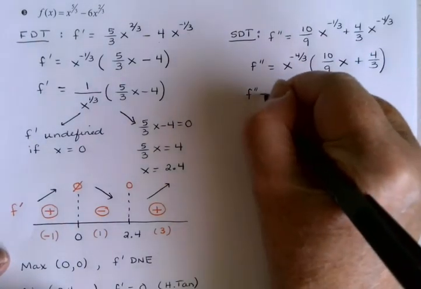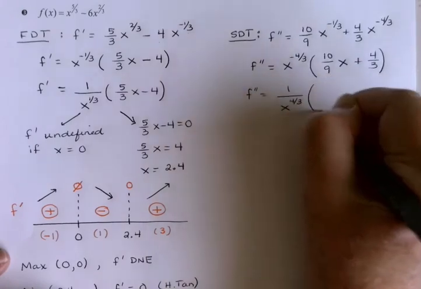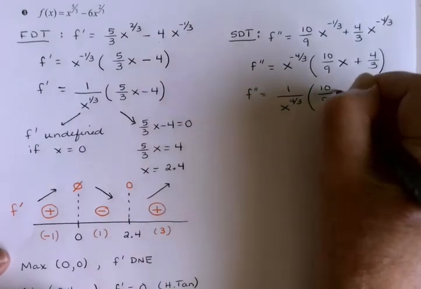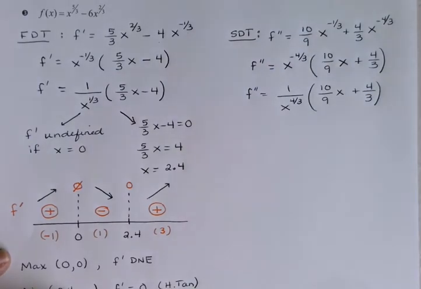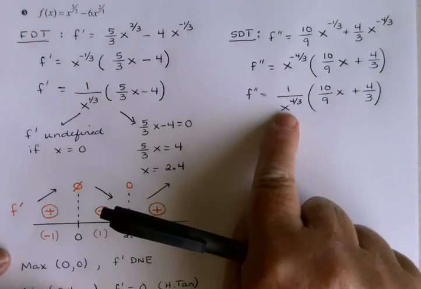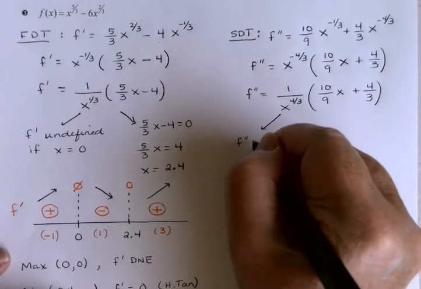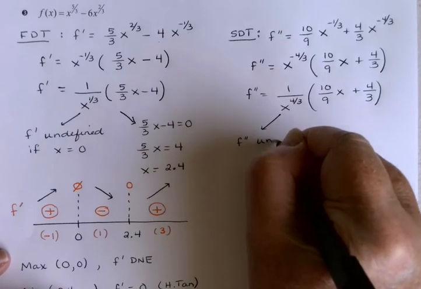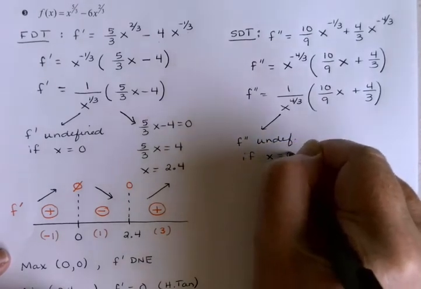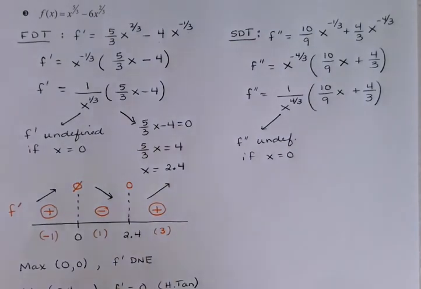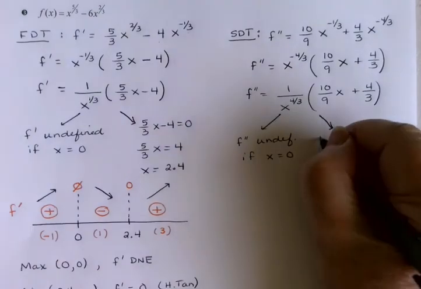And again, just a reminder, that's really 1 over x to the 4/3. So if x is 0, once again, I'm going to get this undefined. If x equals 0. And over here, this can be set equal to 0.